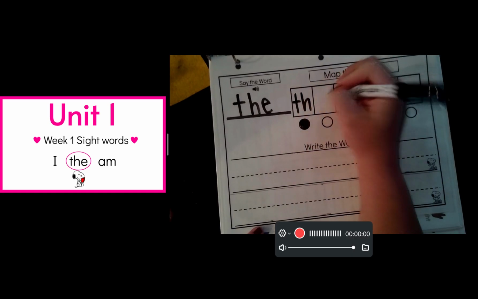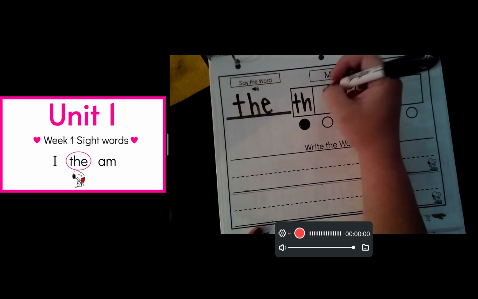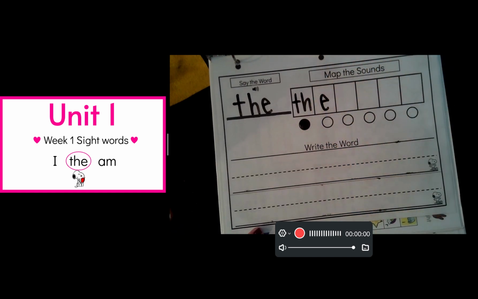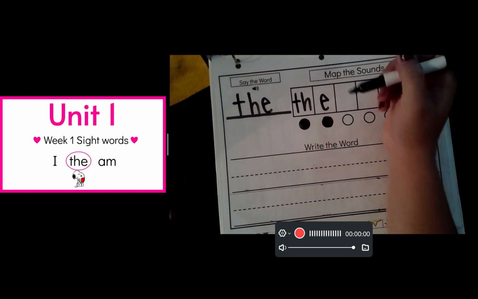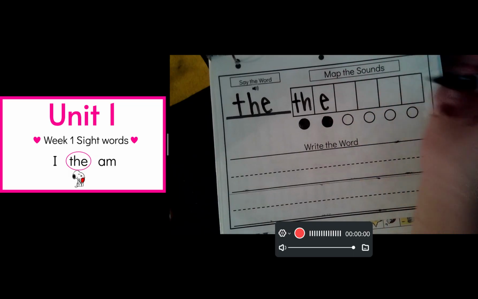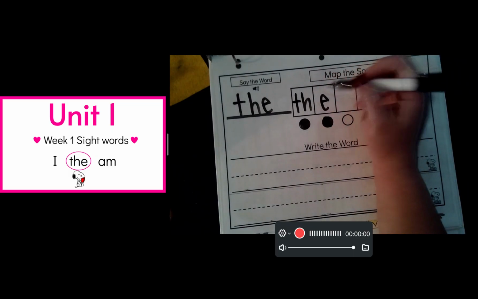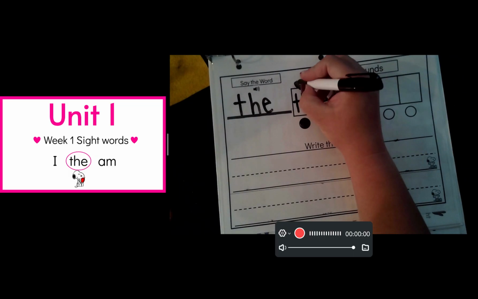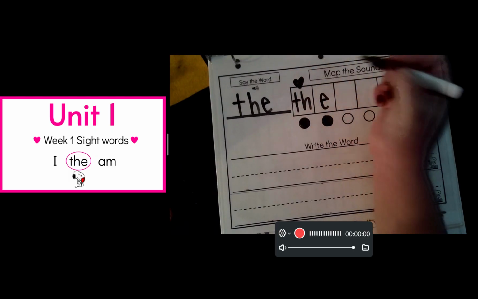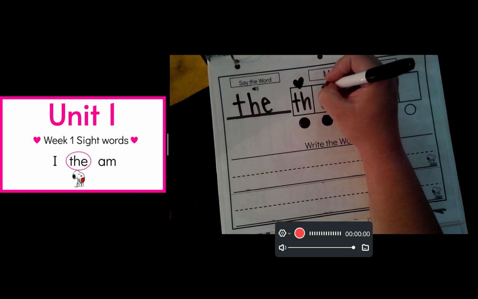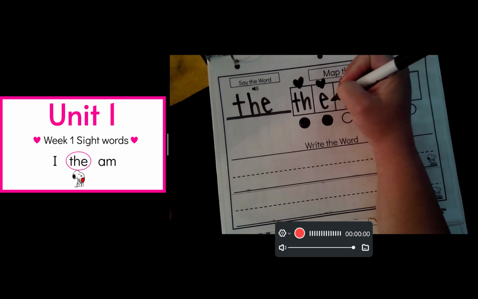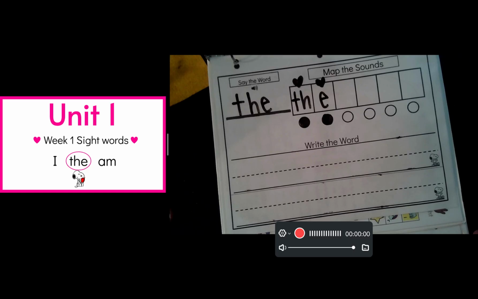The next sound I hear is the uh sound, spelled with the letter E. I need to know both of these by heart because my TH is saying a sound we haven't learned yet, and my E sounds like the short U sound, but it's with the E. So that is why I need to know those by heart. The.